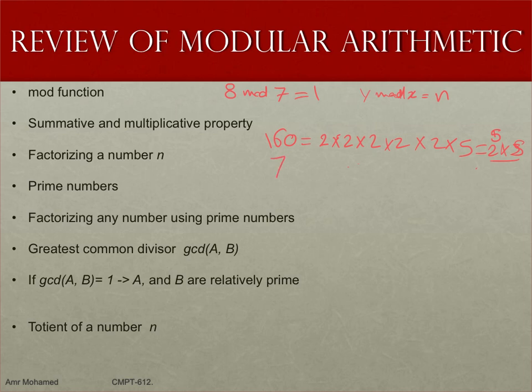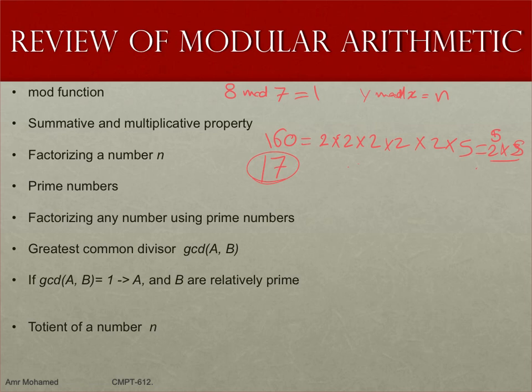So how can you represent 7 or 17? You cannot factorize 17 using any number other than itself and 1. This means that this number is a prime number. So far so good.